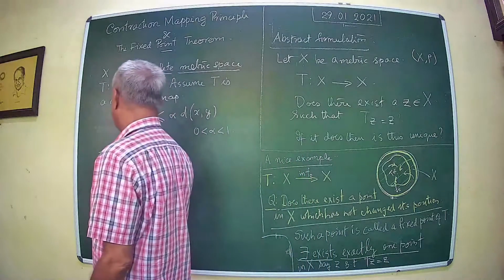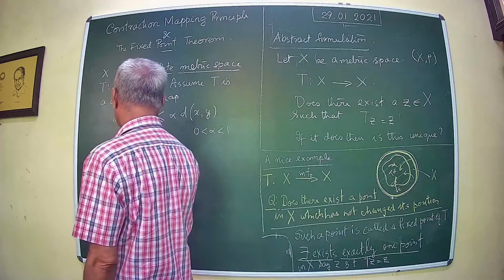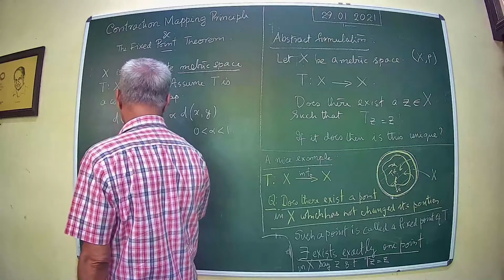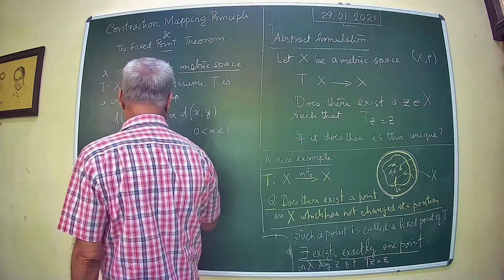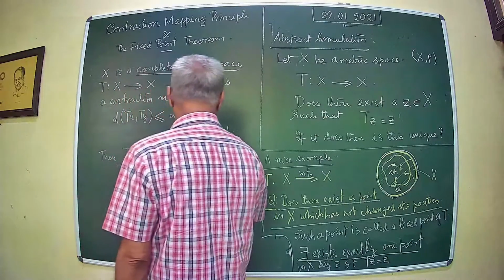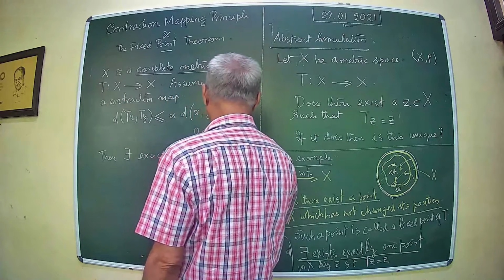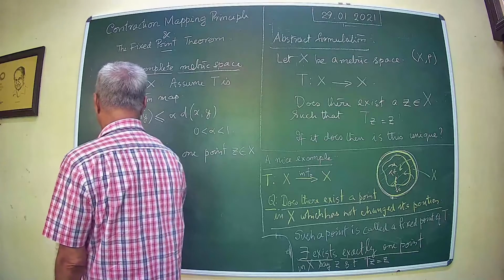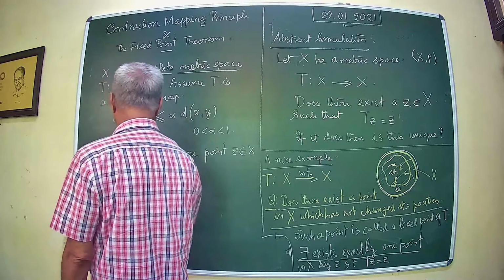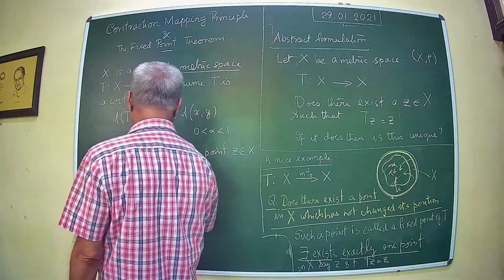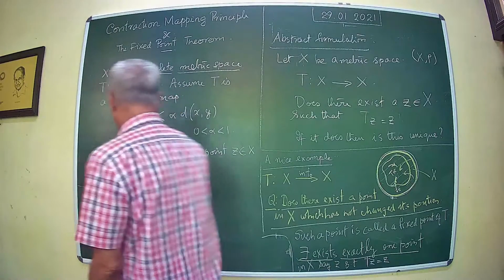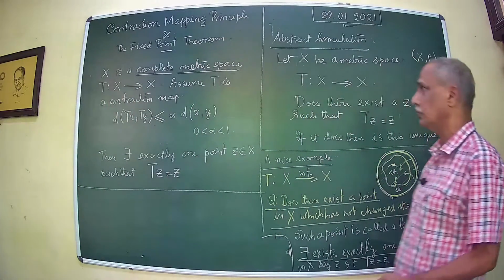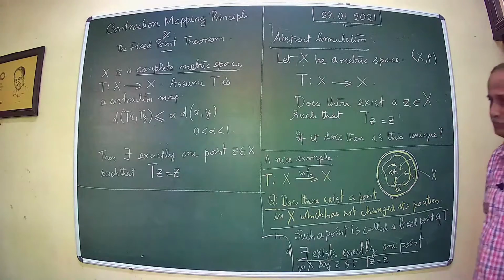Then there exists exactly one point such that Tz equals z. This is the fixed point theorem. This is what's called the Banach fixed point theorem.